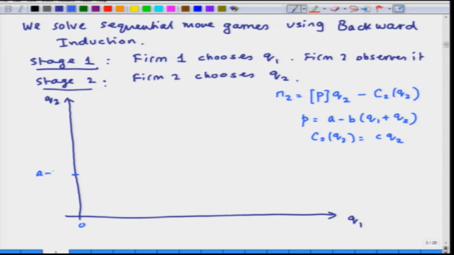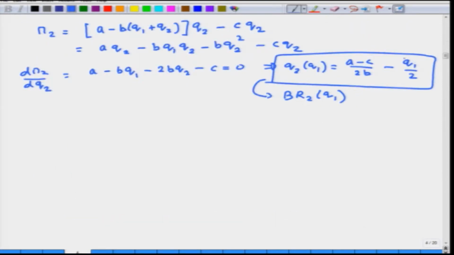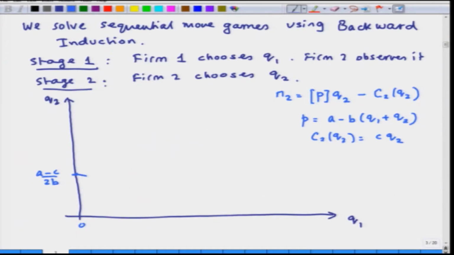And then when firm 1 produces the competitive level of output, which is (A minus C) divided by B, in other words, the quantity is such that prices have come all the way down to marginal cost. In such a case, firm 2 decides not to produce at all. So, if Q1 is (A minus C) by B, firm 2's best response is going to be 0. So, this is firm 2's best response function.